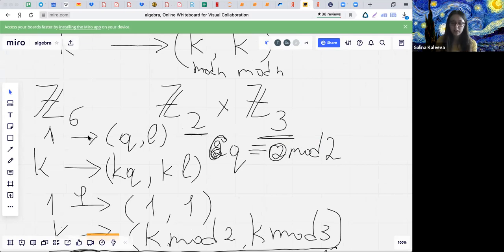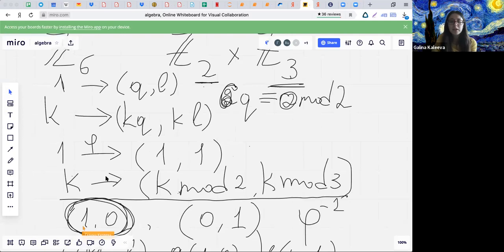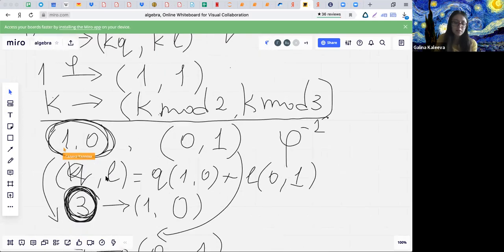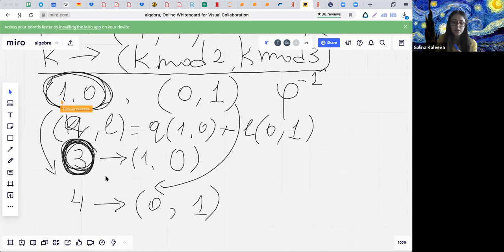So, in our case, 2 and 3 are coprime, and I can find such an element, 3, that its remainders modulo 2 and 3 are (1, 0). And using the algorithm from the Chinese remainder theorem, we can find these elements 3 and 4 in the general case.